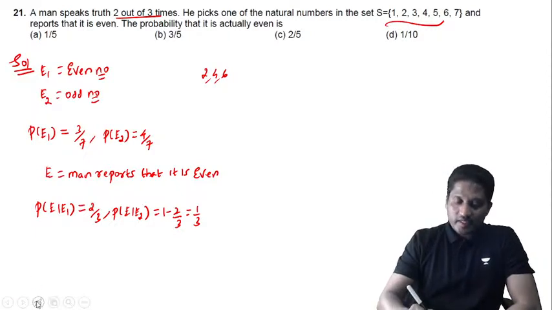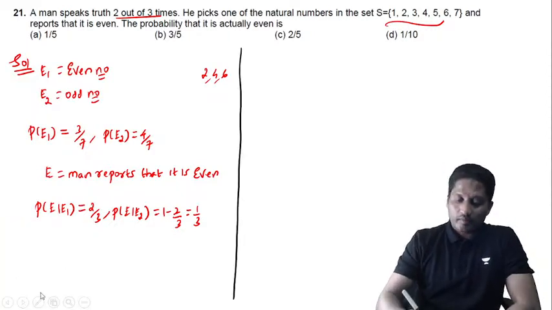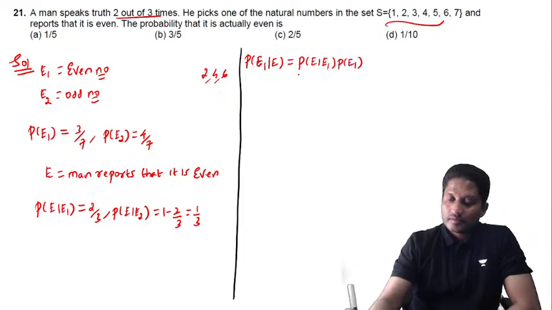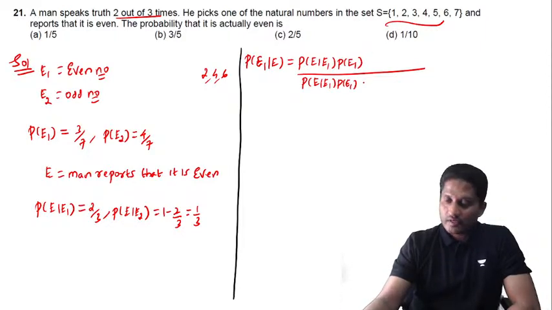Then the probability that it is actually even: I should find the probability of E1 given E. By the theorem, probability of E1 given E is equal to P of E given E1 into P of E1, divided by P of E given E1 into P of E1 plus P of E given E2 into P of E2.